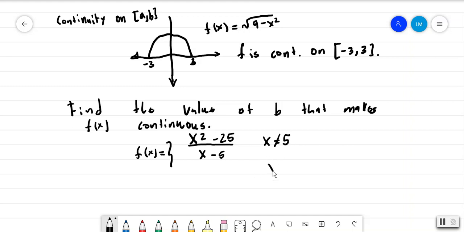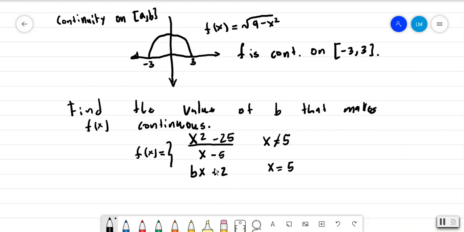But then you also have that when x is equal to 5, this is going to be bx plus 2.